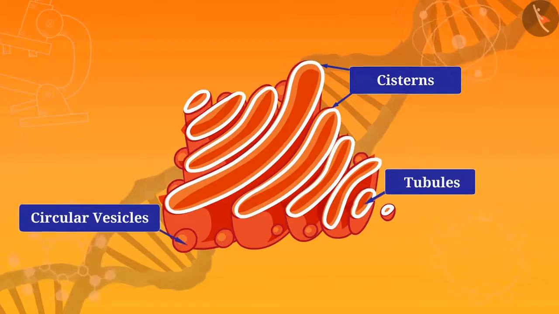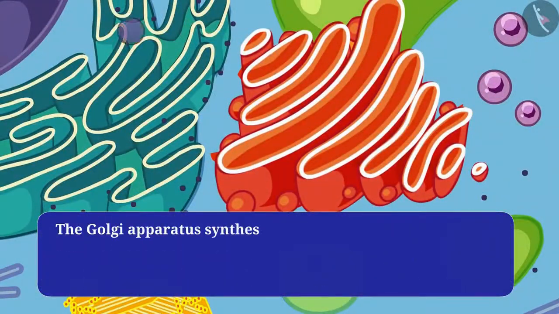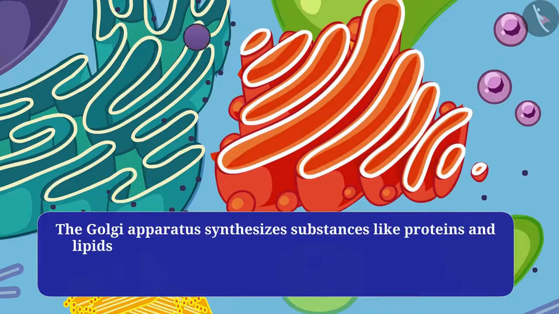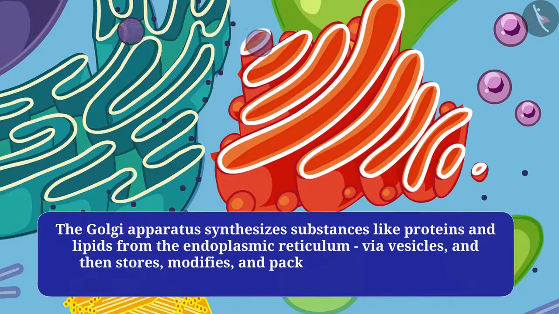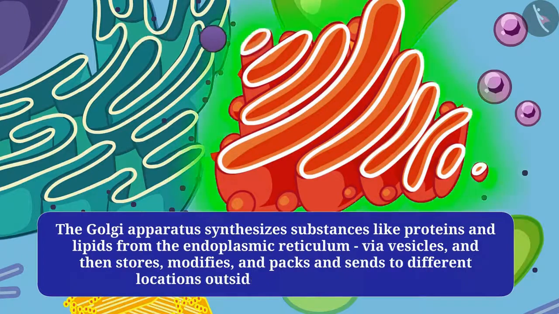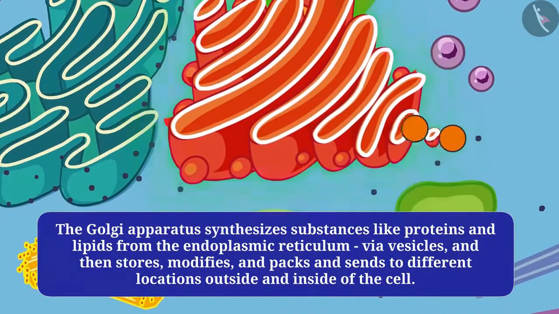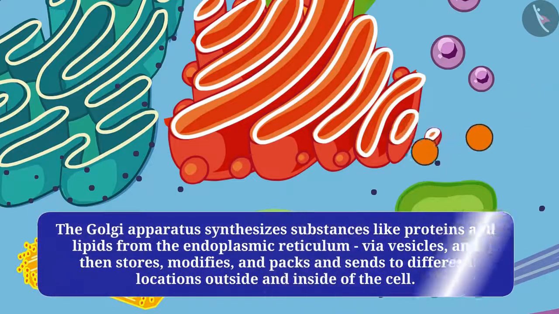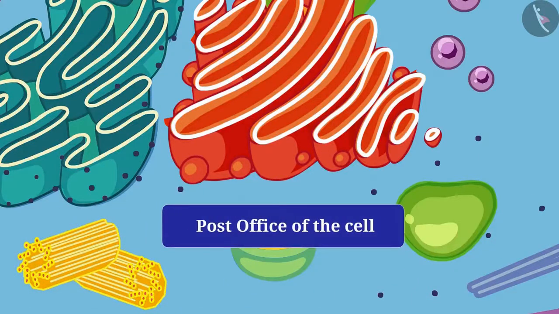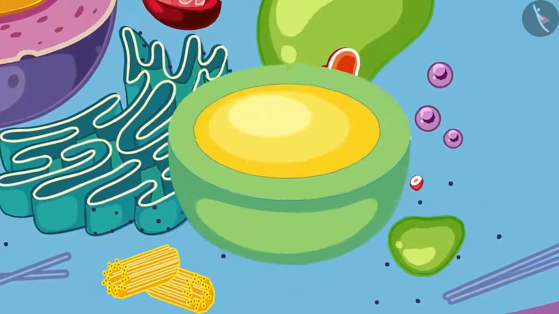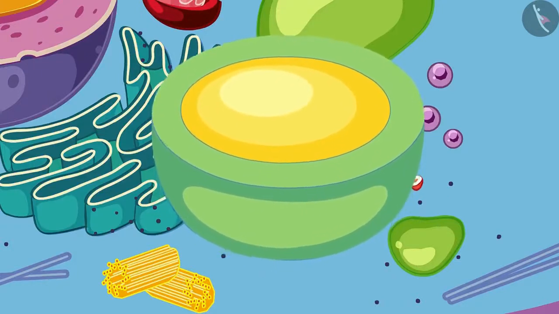It receives substances like proteins and lipids from the endoplasmic reticulum via vesicles, and then stores, modifies and packs them and sends them to different locations outside or inside the cell. For this reason, it is also called the post office of the cell. Lysosomes are also produced by the Golgi apparatus.